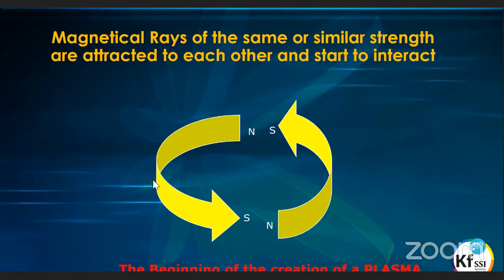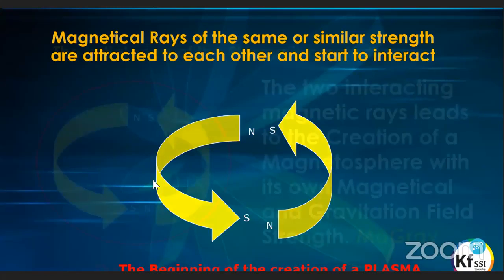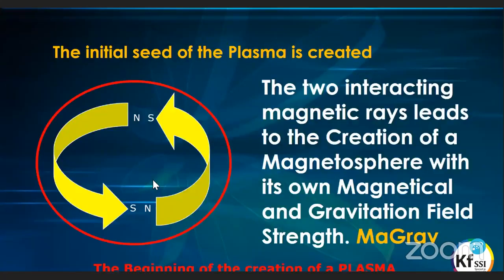Because if one views these magnetic rays as tiny little elongated magnets that can come together and start interacting, creating that dynamic interaction between the two. So in essence, we have the initial seed of that plasma that's created.